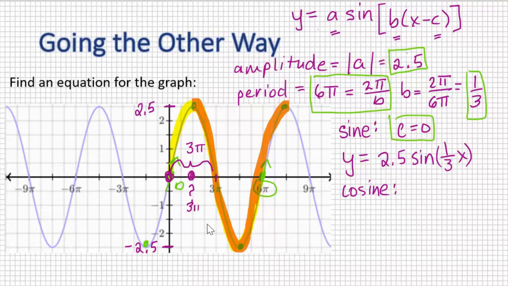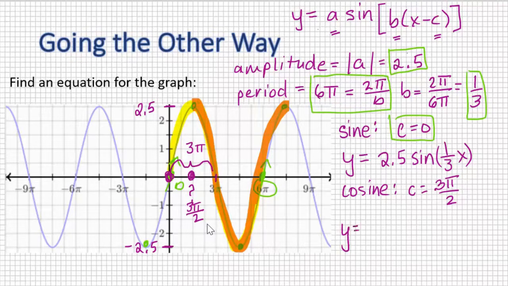So halfway through, we must be at a distance of 3 pi over 2. So if we assume that this is a cosine graph, we have a value for c of positive 3 pi over 2. Positive because the graph of cosine is shifted to the right.